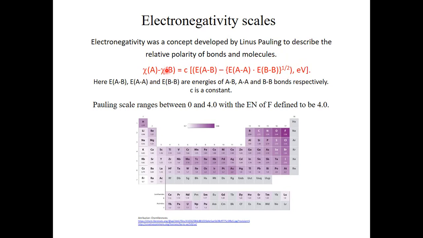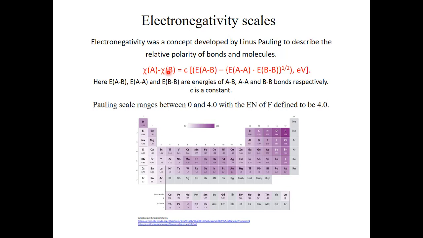So now you can easily see that from this definition, we can only get electronegativity differences, but not absolute electronegativity values that we could assign to a particular element. So because of that, the entire electronegativity scale needs a reference point.